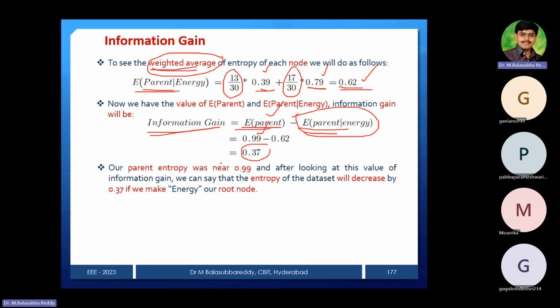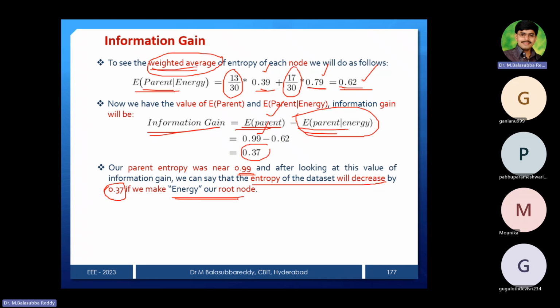Now the question is, earlier the parent entropy was 0.99. After looking at this value of information gain, we can say that the entropy of the dataset will decrease by 0.37 when energy is our root node.